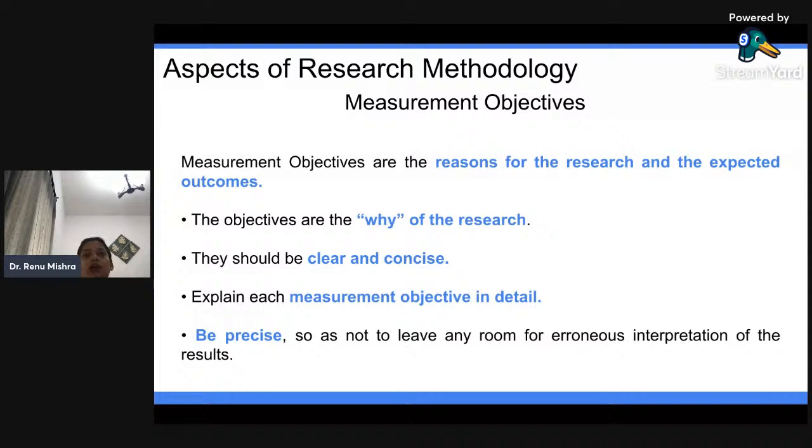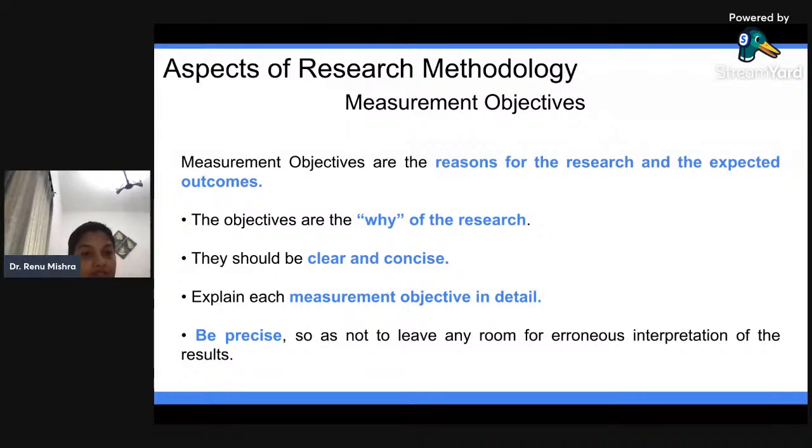Don't use high end English in your objectives. Make it clear and simple, because although you are doing research for yourself, you want to earn your PhD degree, or you want to get your name prefixed with doctor, or you want to write a paper and so on, eventually your study work will be read by somebody else.